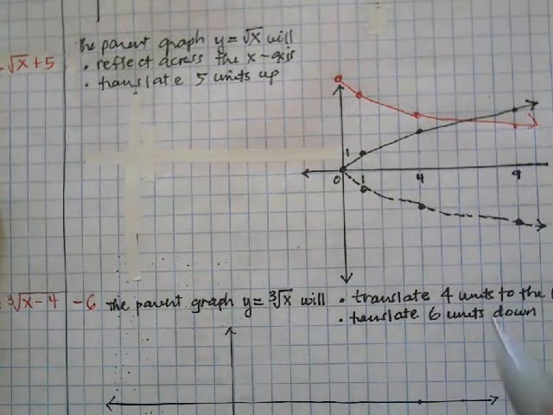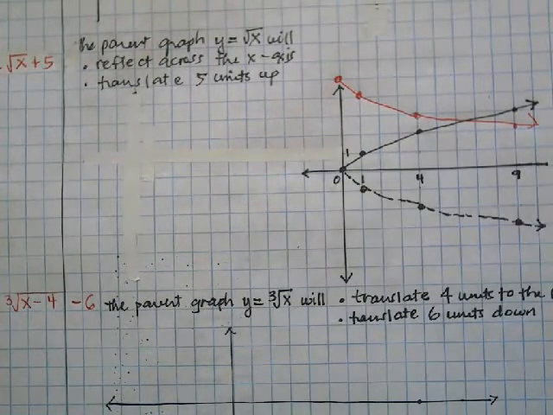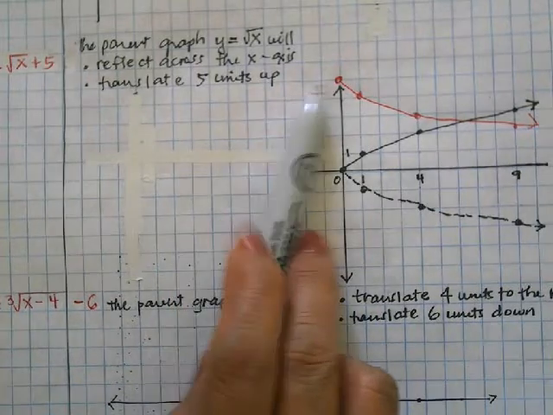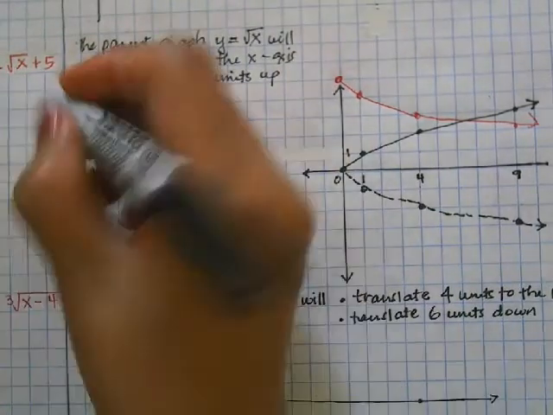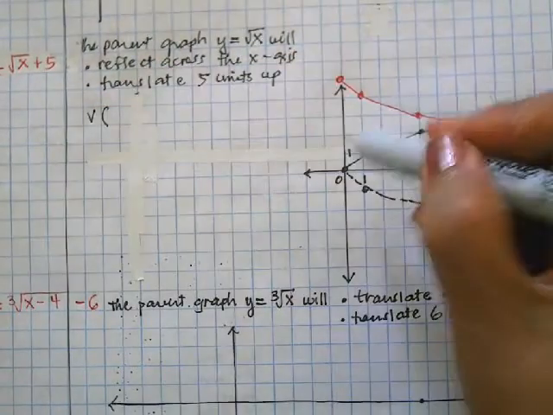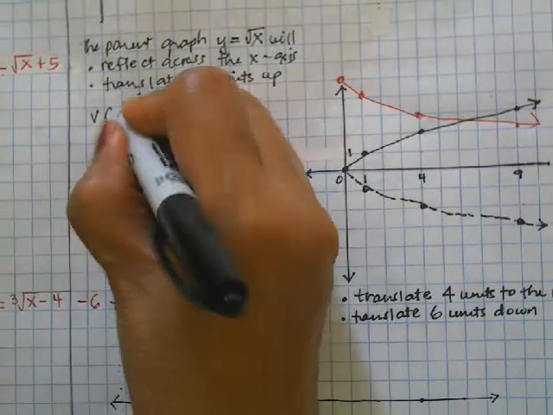So let's do a summary. This is our graph. Let's call that point the vertex. The vertex will now be at 0, 5.